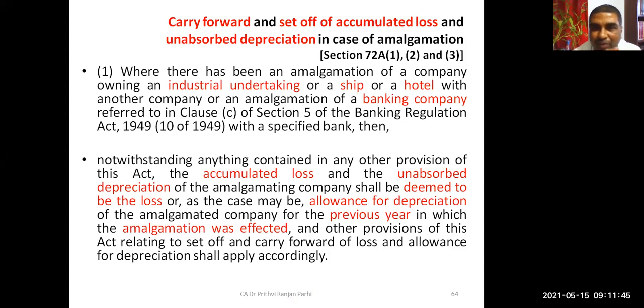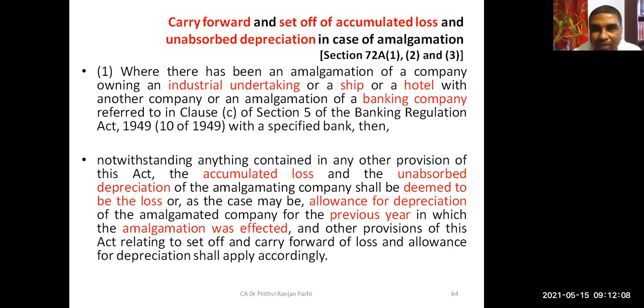So I'm talking about four situations. There should be a company, and the company must own an industrial undertaking. Second, the company must own a ship. Third, the company must own a hotel. Or the fourth situation is an amalgamation of a banking company.